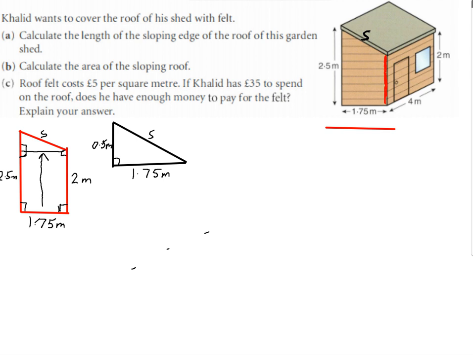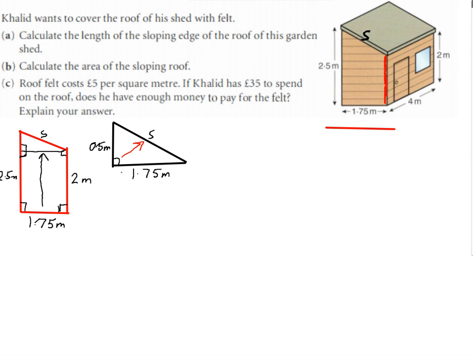Doesn't really look like a 5, does it? 0.5 metres. Okay, so what are we trying to work out? We're trying to work out S, which is opposite our right angle. So we'll be able to use our standard formula for that one.